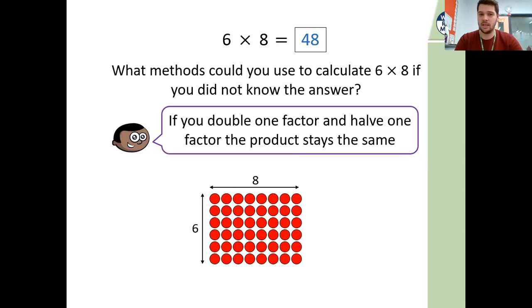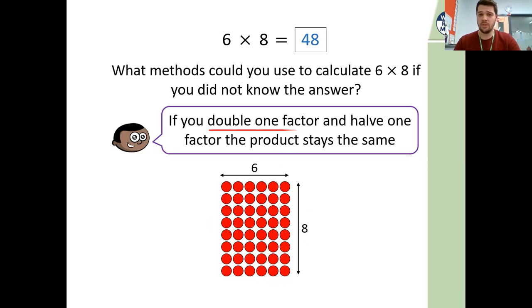This person here says that if you double one factor, one side, and half the other, the product, the answer will stay the same. So if you double one factor, let's double the 6 to 12.